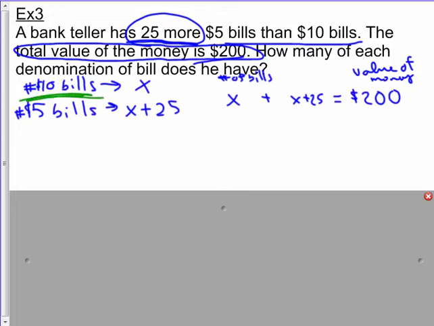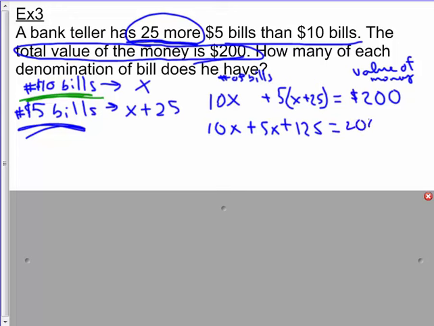Well, I'd take 8 times 10 and get 80. So I'm going to take the number of bills times the value of it. So I'm going to take 10 times X. How many $5 bills? I'm going to take 5 times X plus 25. I distribute, I solve, I get 15X equals 75. So X is going to be 5.